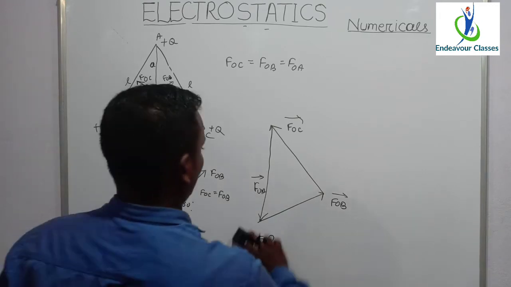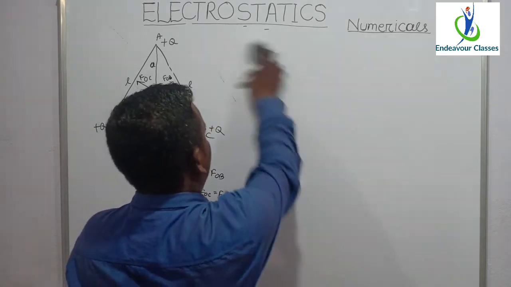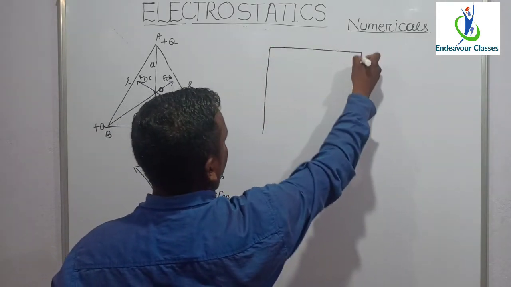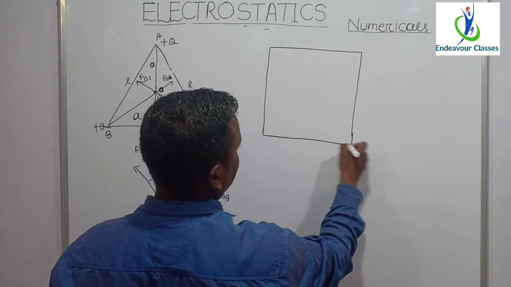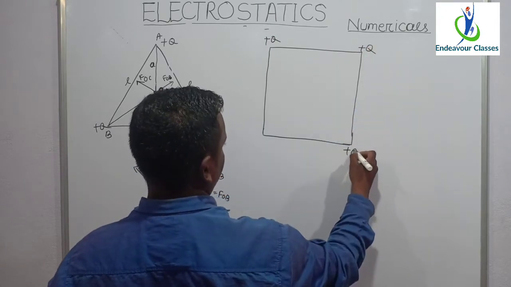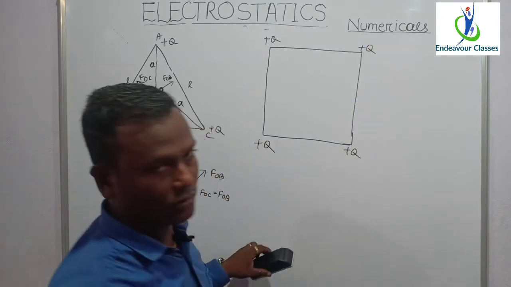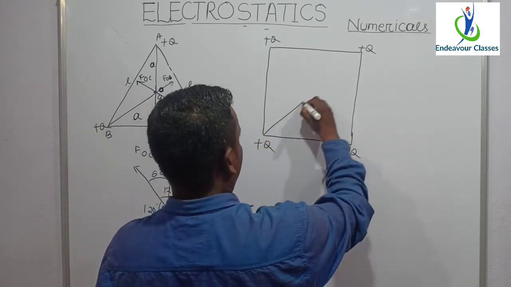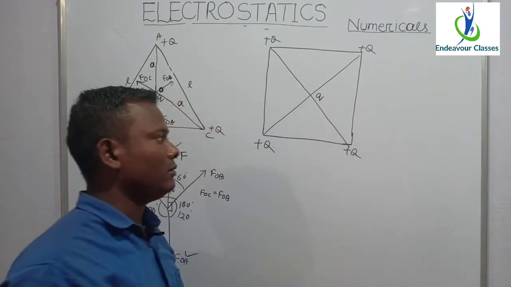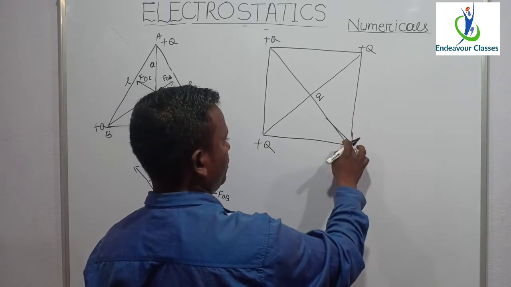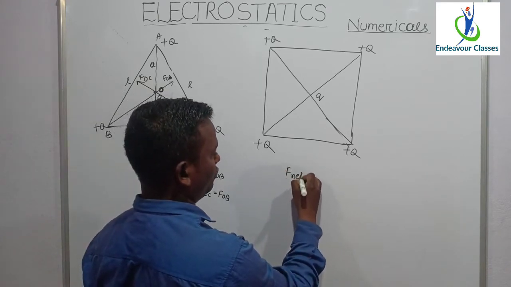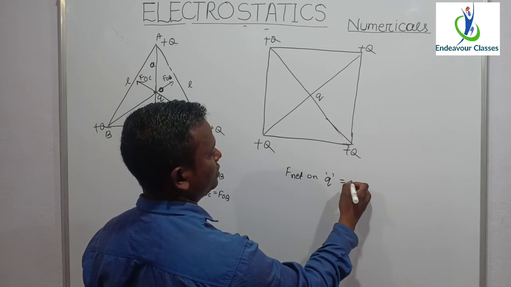And the same condition will hold in other geometrical configurations, like if this is a square and it has 4 equal charges of magnitude plus q located at the 4 corners, then the net force on a charged particle small q placed at the center of the square will also be equal to 0.